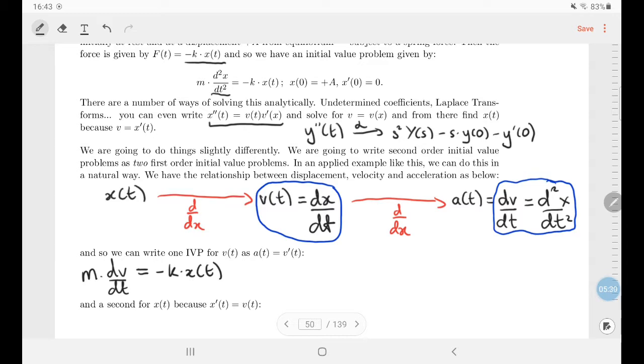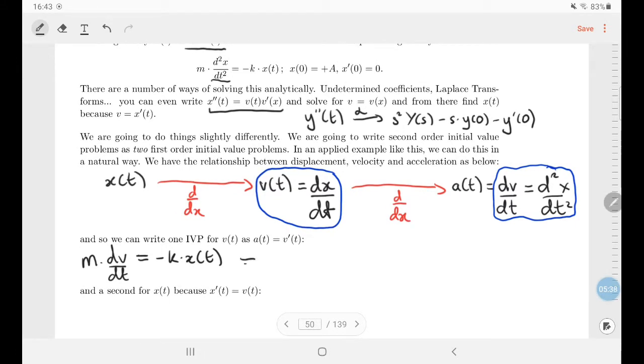And then what I can do now is I can make this an initial value problem. That's a derivative together with initial value for v. So remember, the way you kind of want to write them for Euler's method is derivative equals. So I just divide both sides by m.